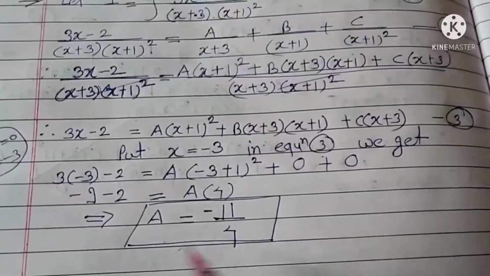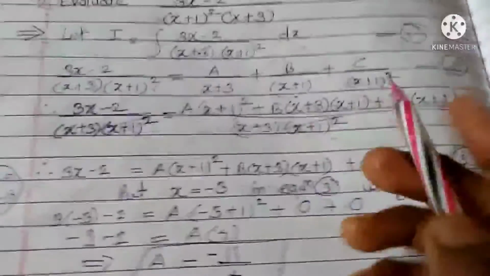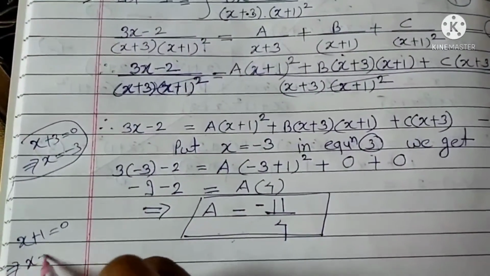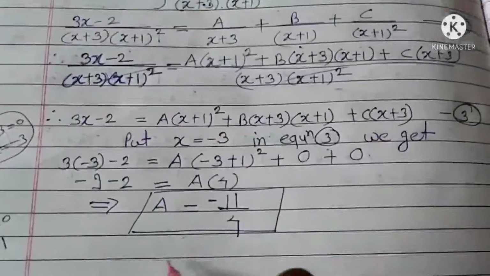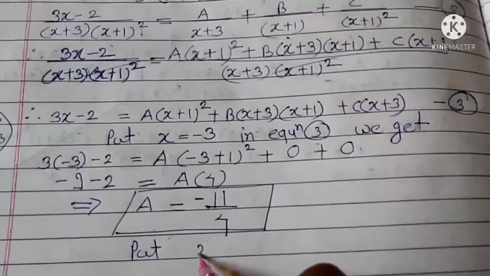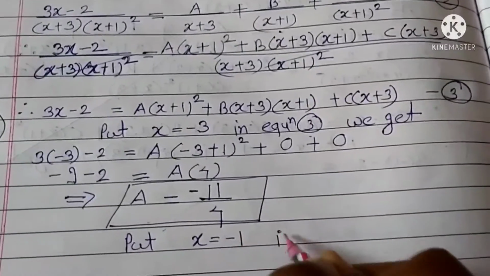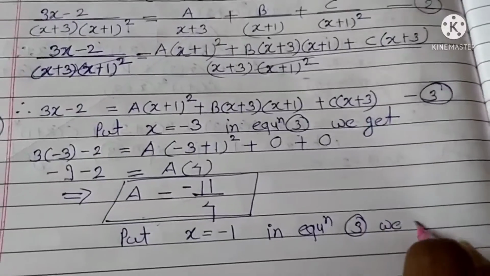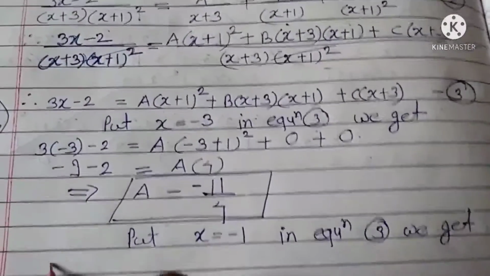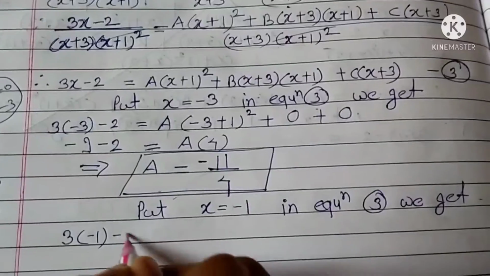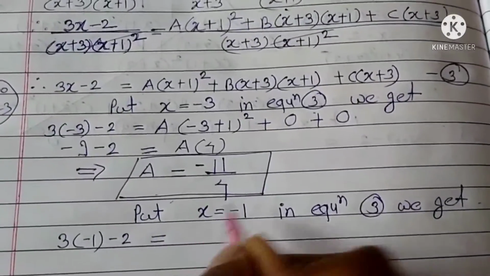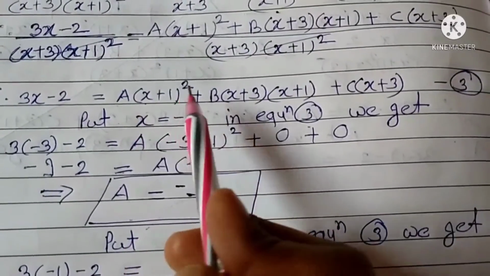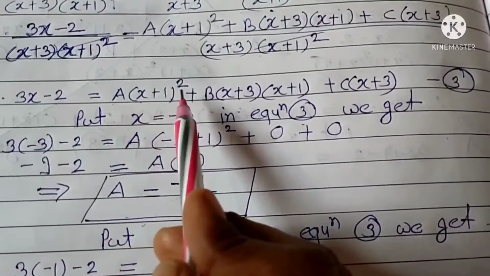Now we have to find the second unknown from this factor. So x plus 1 is equal to 0. This implies that x is equal to minus 1. Put x equal to minus 1 in equation 3, we get 3 into minus 1 minus 2, which is equal to, if we put x equal to minus 1, then minus 1 plus 1 gets cancelled, so this term gets cancelled.